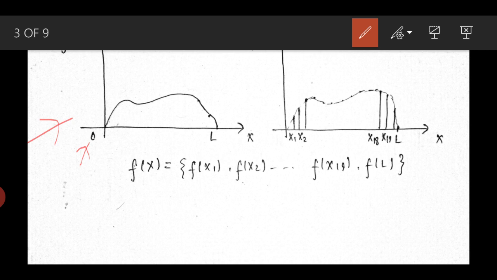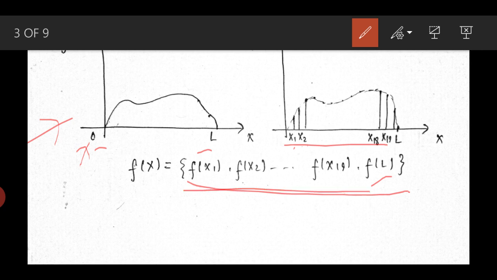Now if I want to specify this curve, one thing I can do is to give the equation of the curve, and the second is that I can approximate this curve by dividing the interval from 0 to L into some arbitrary number of points. Let us suppose I choose 20. So I have points x1, x2, x3 and so on. What I can do is to specify the value of the function at these points. So I get a list of 20 numbers, which are f(x1), f(x2) and so on, up to f(x20).